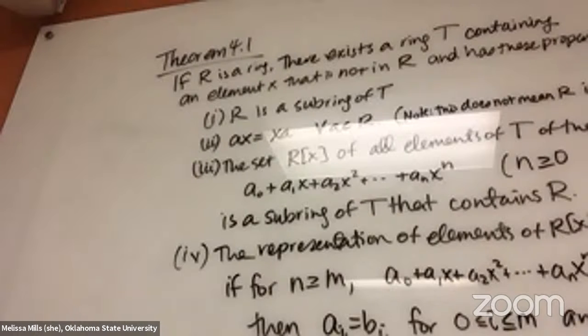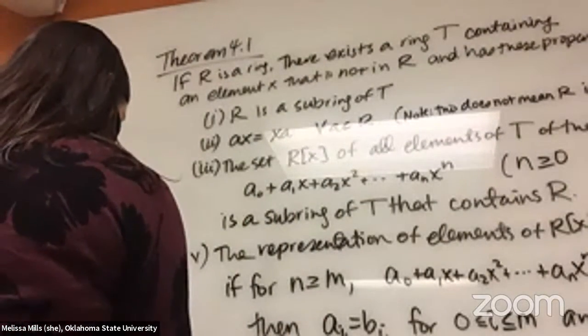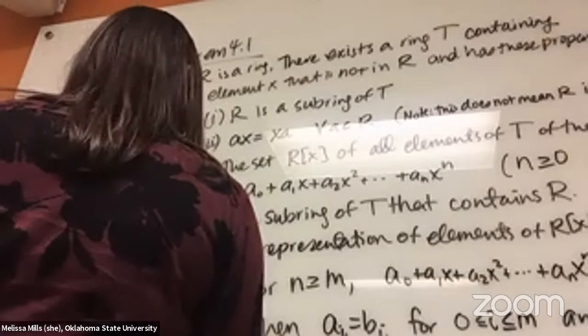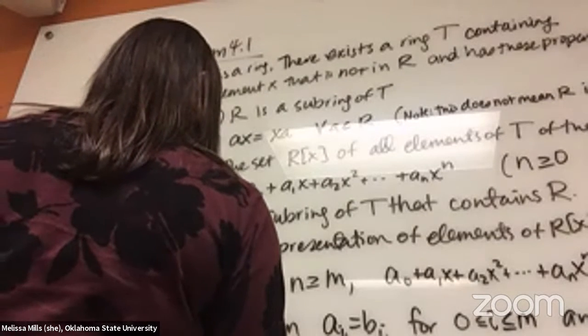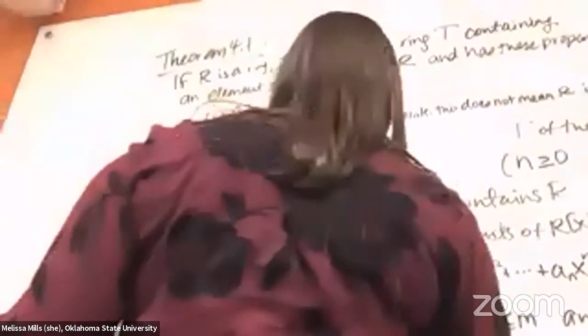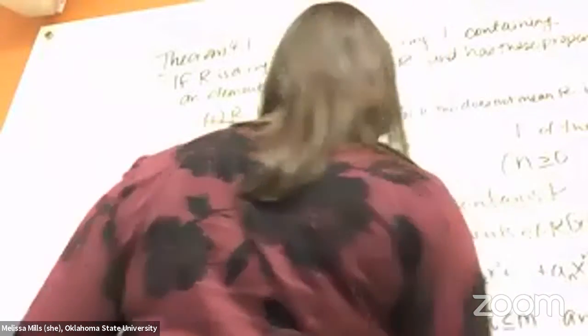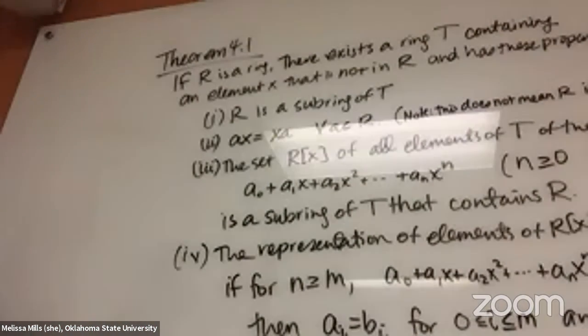I have one more part of this one. The fifth one says that a_0 plus a_1 x plus a_2 x squared plus all that plus a_n x to the n equals 0_R if and only if what's true? What has to be true to make this work?